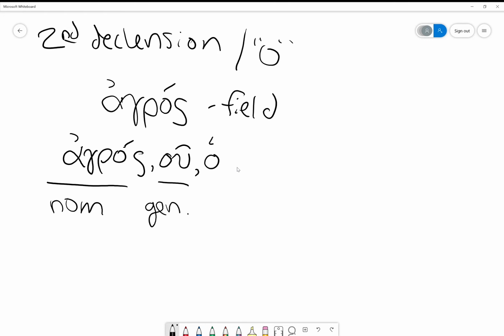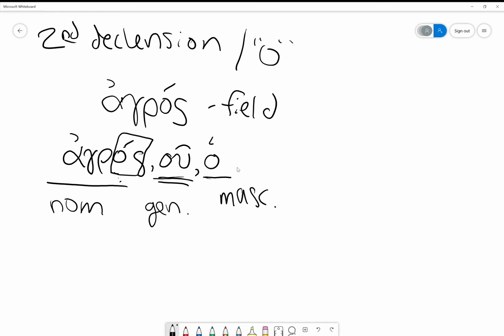This os ending is not enough to tell us that this is second declension. We are also going to need the genitive because we are going to find some third declension nouns with an os ending that have a different genitive form. And then the ho here tells us that this is a masculine noun.